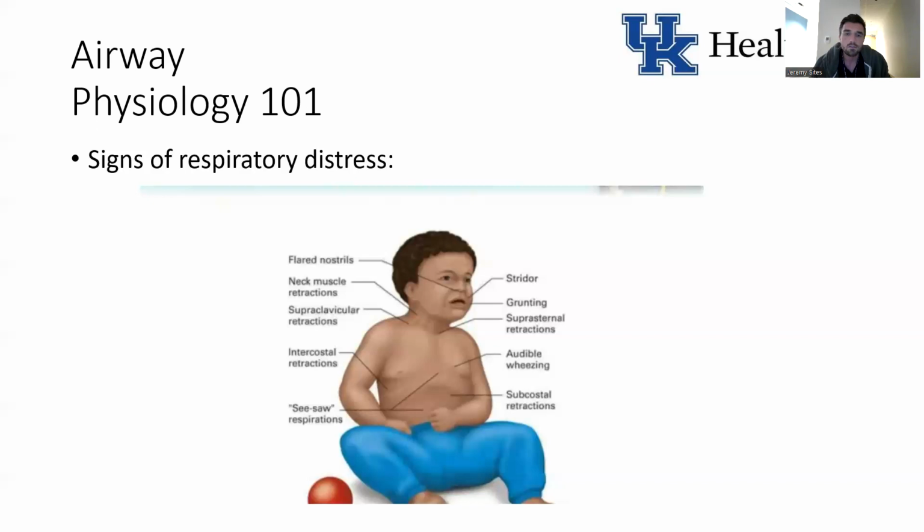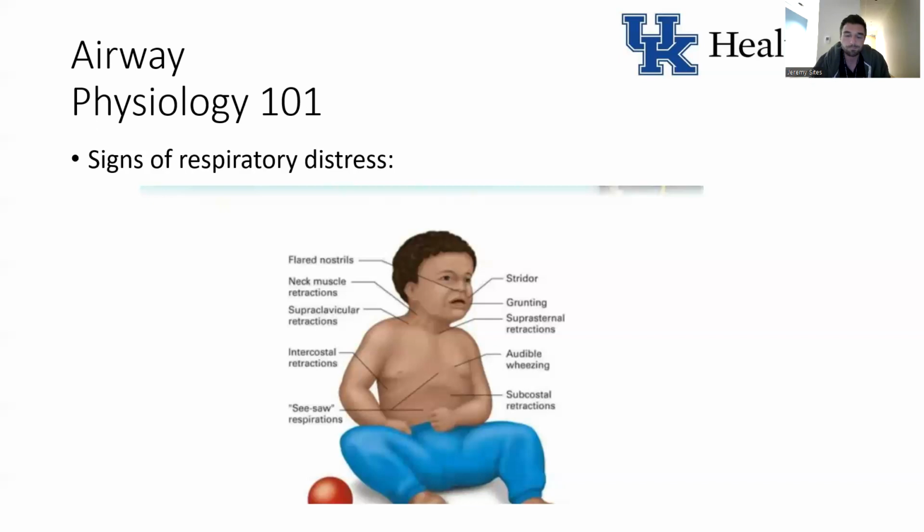Next, I want you to notice wheezing. Wheezing, of course, is a sound that you'll hear as you're auscultating the chest. Sometimes it's so loud that you'll hear it audibly to the naked ear as well. But this is a sign of lower respiratory obstruction, whether that's inflammation of the airway, mucus, or perhaps even a foreign body that's made its way all the way to the right upper lobe.